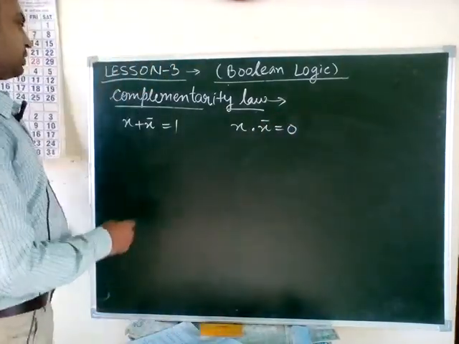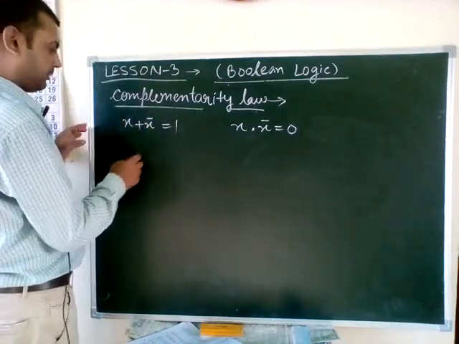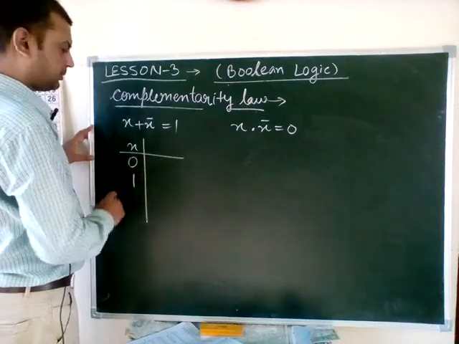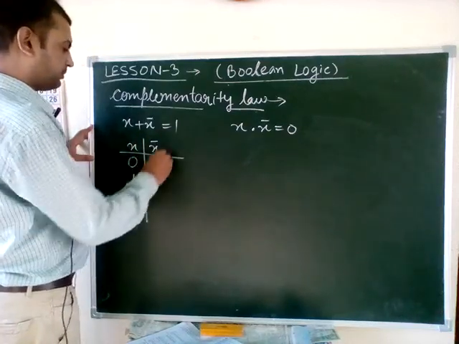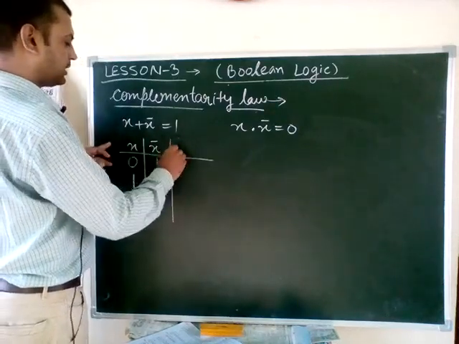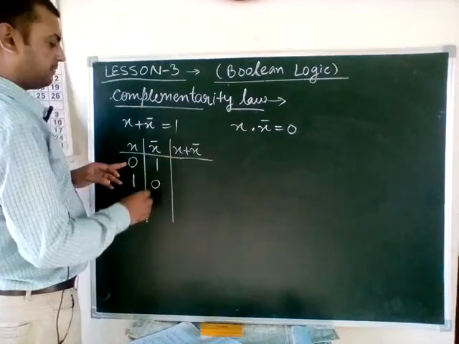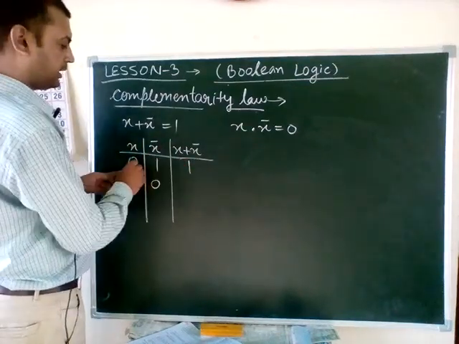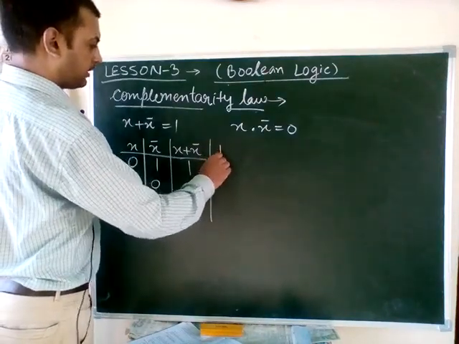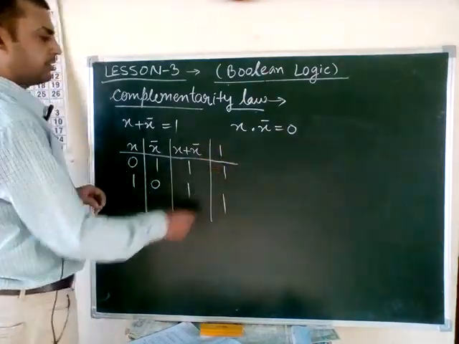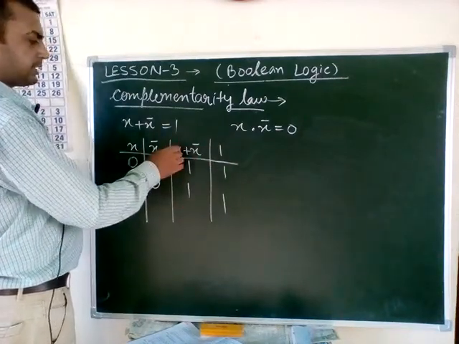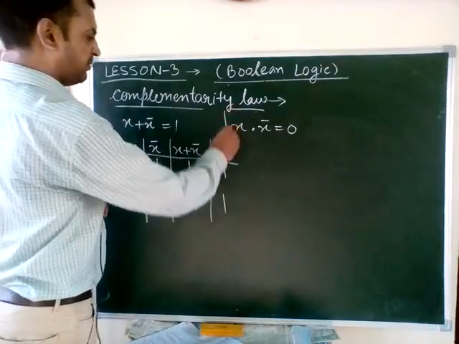Now for solving this, you have to see only one variable is there. So x has these two possible conditions. X bar, you just reverse it, 1 and 0. In x plus x bar, if any 1 is there, then you will give 1. So here it will be 1, here it will be 1. You can see this is equal to 1. This is very clear. Its value is also 1, so that's why we have written x plus x bar is equal to 1.